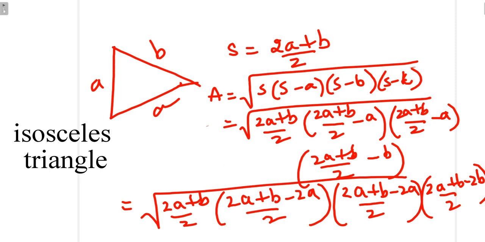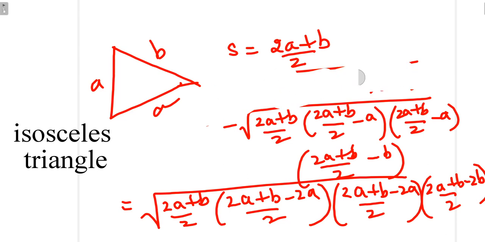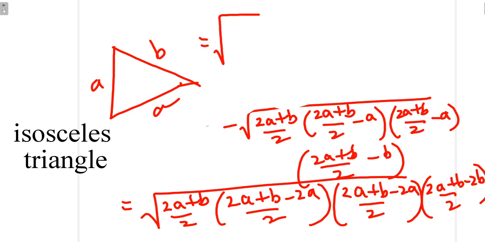Again, further simplification, we'll see what we get. On further simplification, under square root, 2A plus B by 2, the first one.